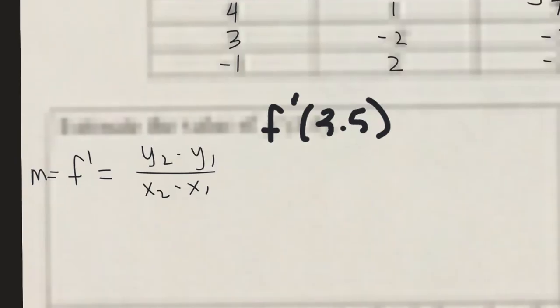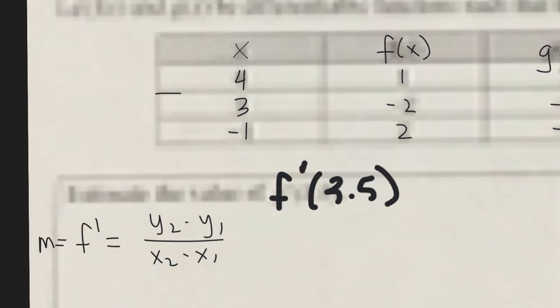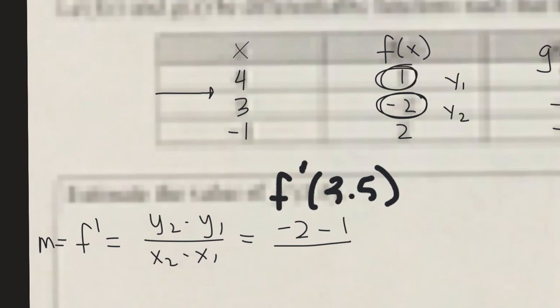Okay, so if we're looking for 3.5, well, that's right in between 3 and 4. So we have a y value of -2 minus 1, right? So that's this y value minus that y value, y2 minus y1, over 3 minus 4, which is your x2 minus x1.